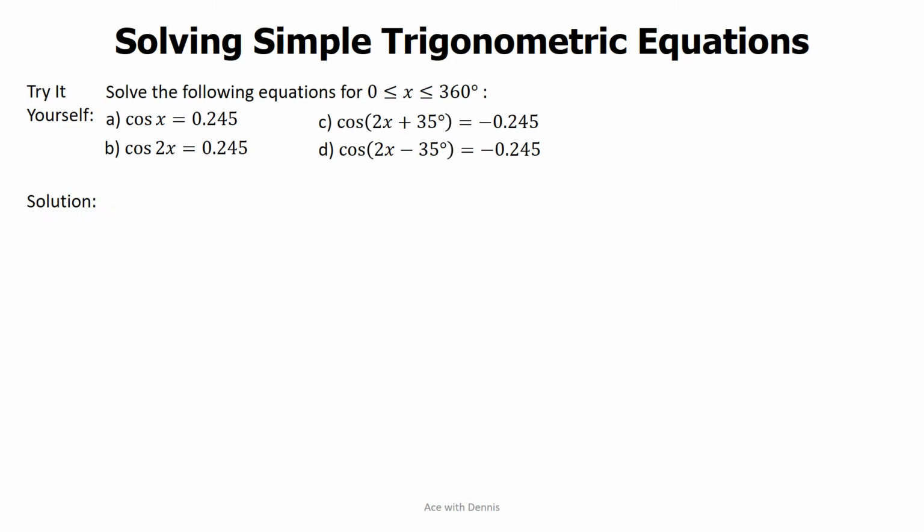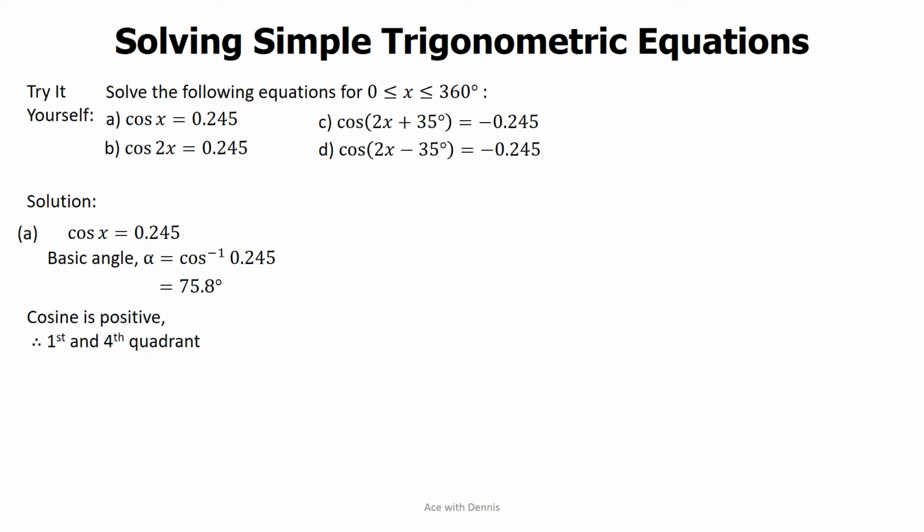Here is the solution. For A, cosine x equals 0.245. The first step is to find the base angle alpha, which equals cosine inverse of 0.245, and when you press the calculator, the answer is 75.8 degrees. Now for this case, the cosine is positive, therefore the angle is in the first and the fourth quadrant.